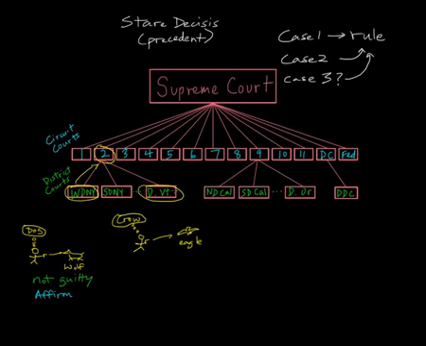So the district court for the District of Vermont would be required to follow the binding authority of the Second Circuit. And so it would also find this defendant to be not guilty.